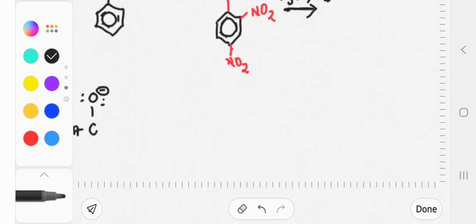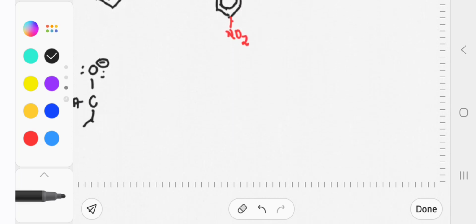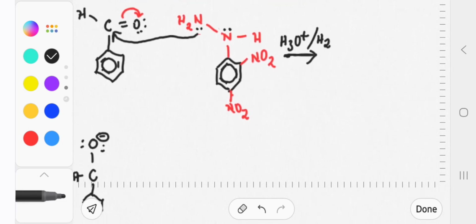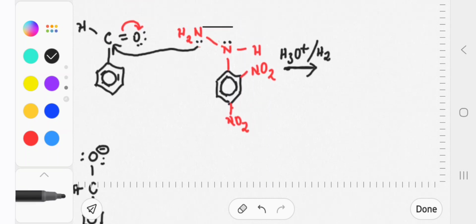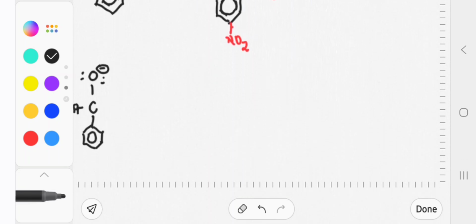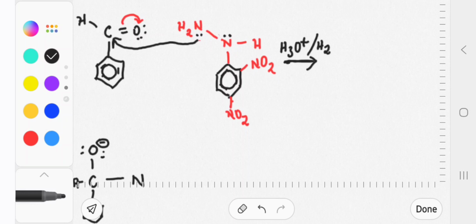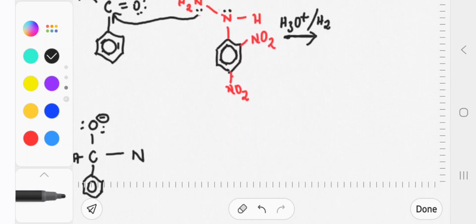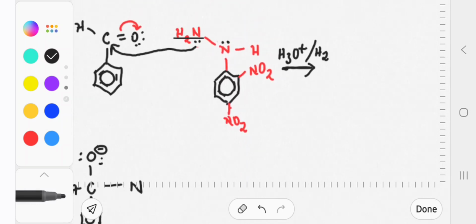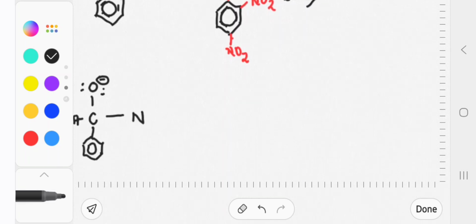Then we have the ring, which I said we can represent this way. Then we have oxygen, we've added that. So what's left is the bond from carbon to the nitrogen in the phenylhydrazine. So I'm going to have this drawn this way. Then I put the nitrogen. Now when that bond takes place, you get to notice something. Remember we have 2 hydrogens. You can see 2 hydrogens here. So I'm going to represent the 2 hydrogens here like that.